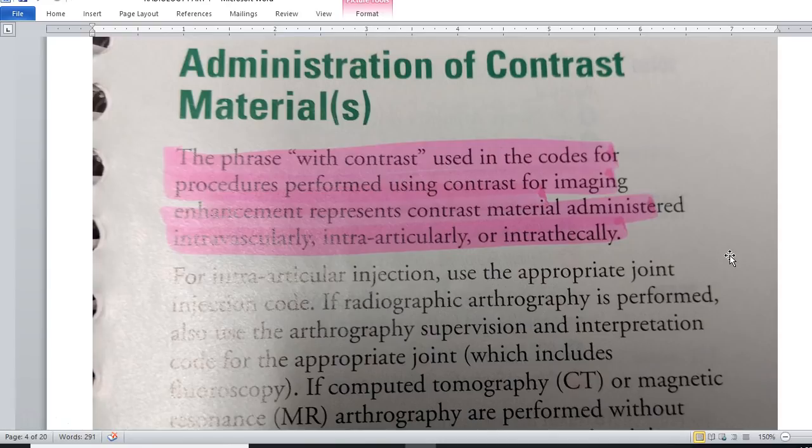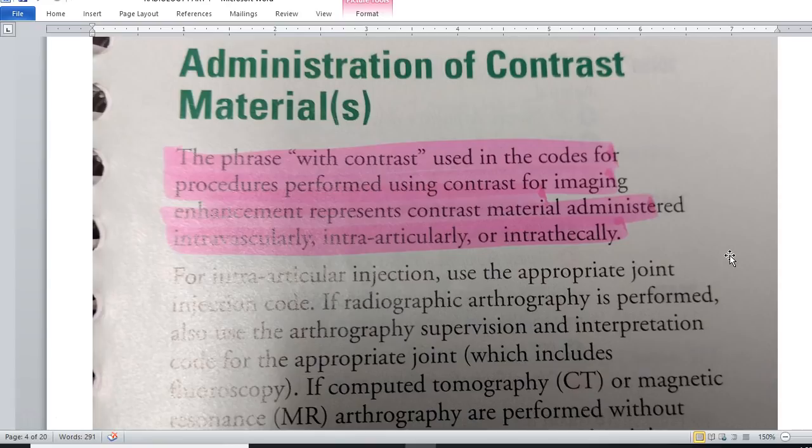However, contrast can be used for so many different purposes to show so many different parts of the body in different lights. Here is the big thing. The phrase "with contrast" used in codes for procedures performed using contrast for imaging enhancement represents material administered intravascularly, intraarticularly, and intrathecally.